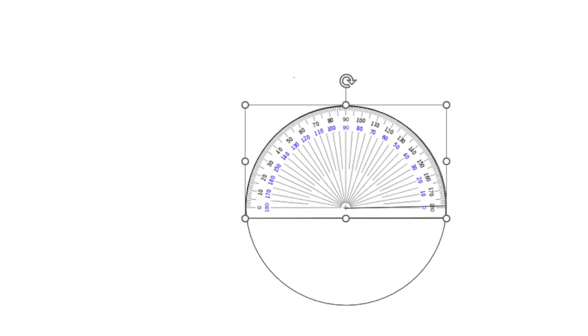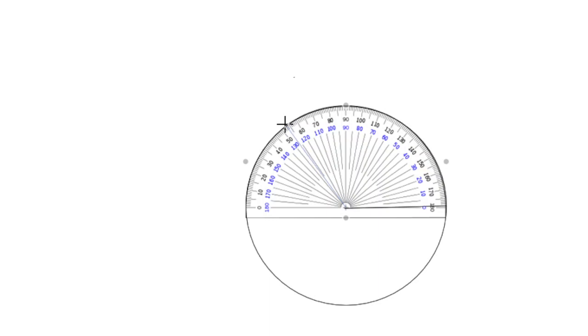Yes, now 126 degree. So from here we'll start. Okay, so center point, it's 0, 10, 20, 30, 40, 50, 60, 70, 80, 90, 110, 120, 125, and it's 126.